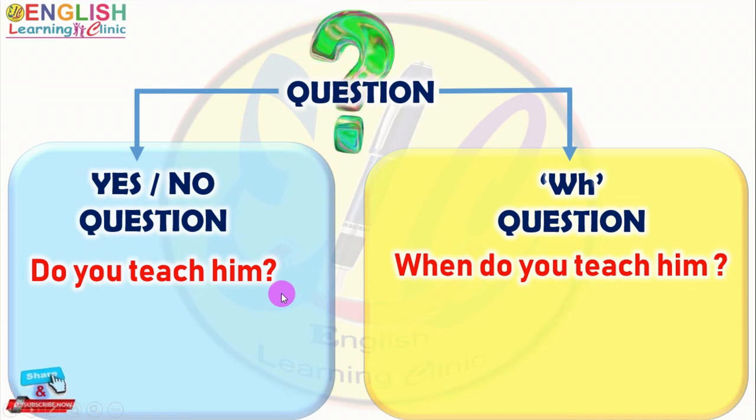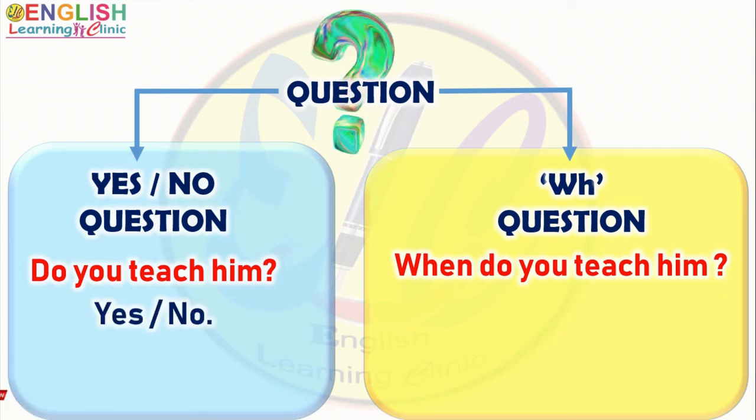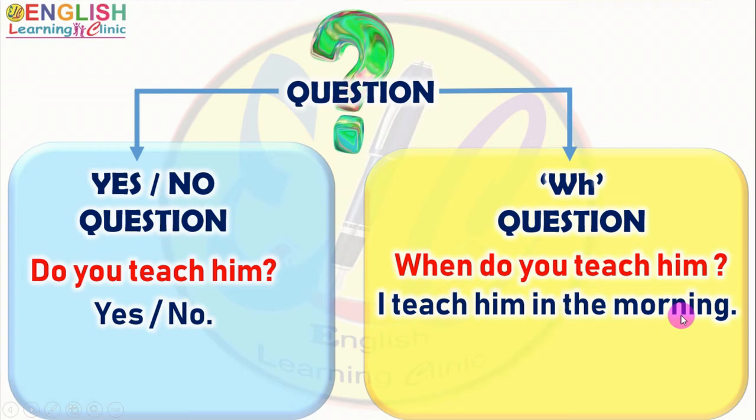You only put the answer yes or no. You don't need to say anything more rather than yes or no. But if anyone asks you this type of question, that is, when do you teach him? You will answer, I teach him in the morning or evening, etc.